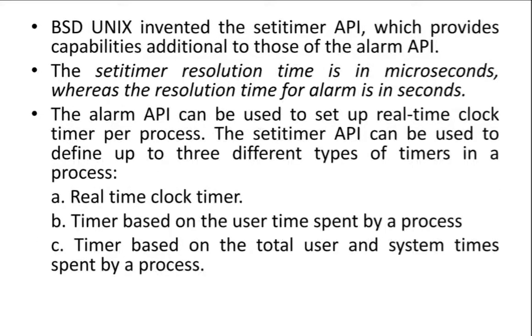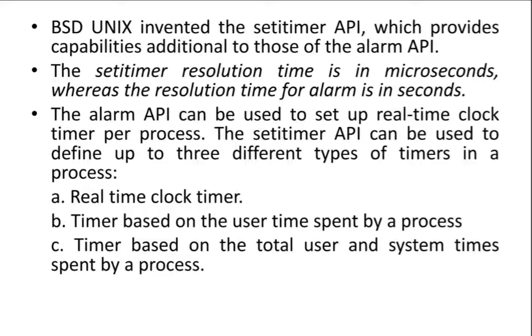BSD Unix invented the setitimer API, which provides capabilities additional to those of the alarm API. Why is setitimer used? The setitimer resolution is in microseconds, but alarm is in seconds.